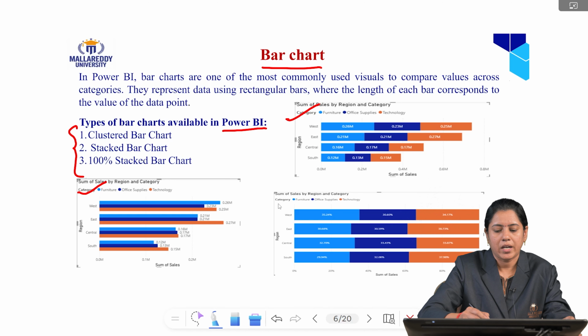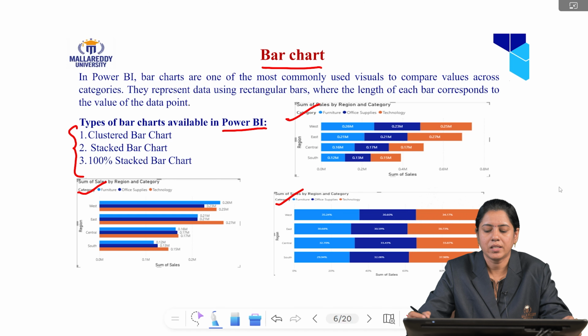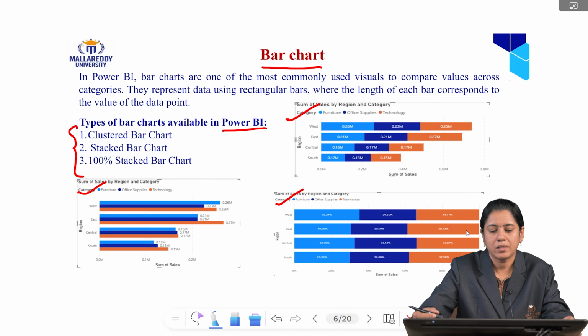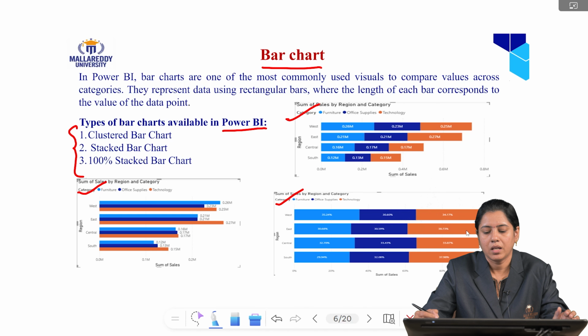Coming to the 100% stacked bar chart, if you observe here, it is somewhat similar to a stacked bar chart, but the main difference is that in the 100% stacked bar chart we show the measures information in terms of percentage. In the previous chart we gave just the sales information, the aggregated measure information.